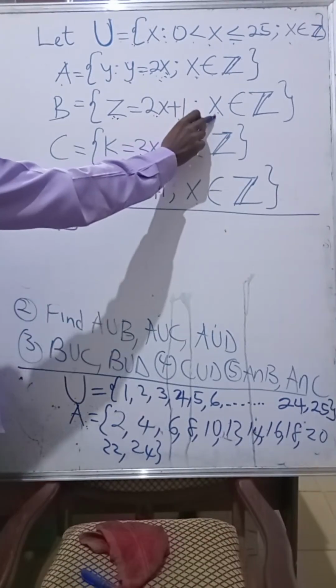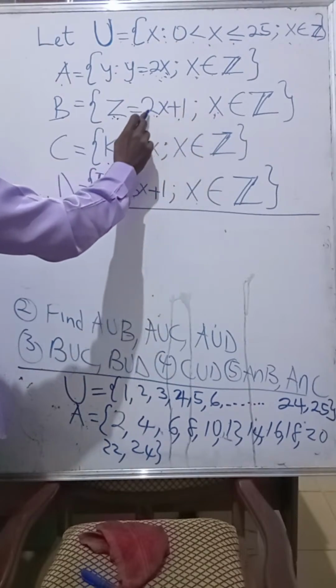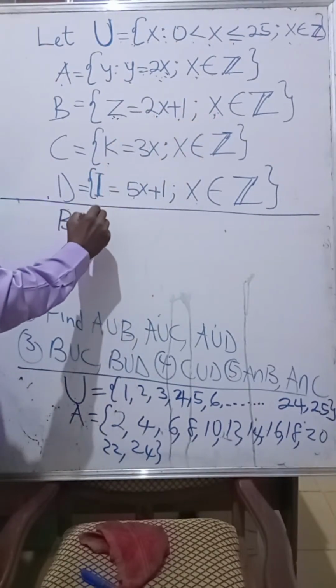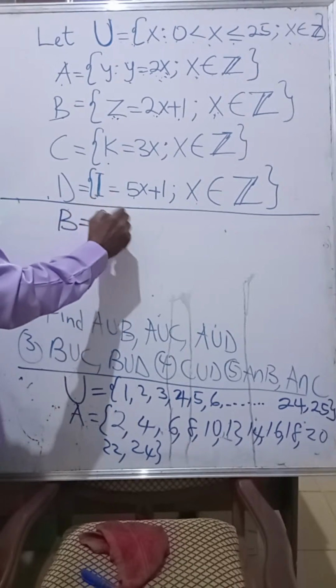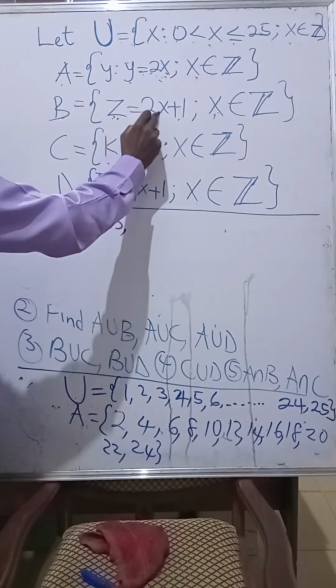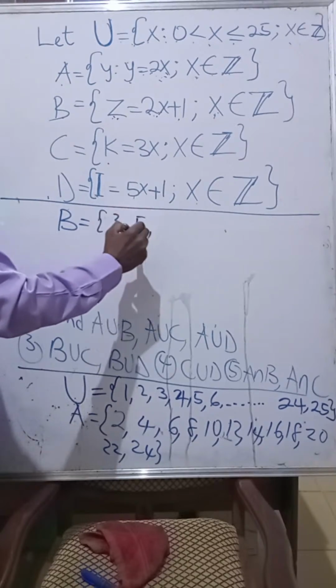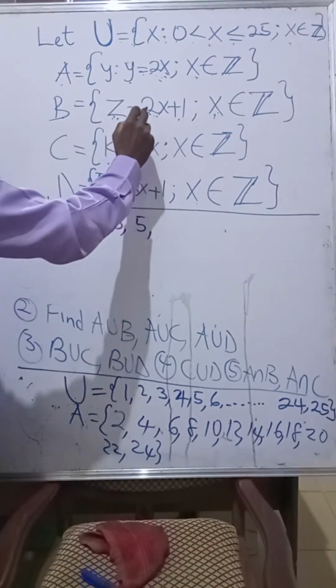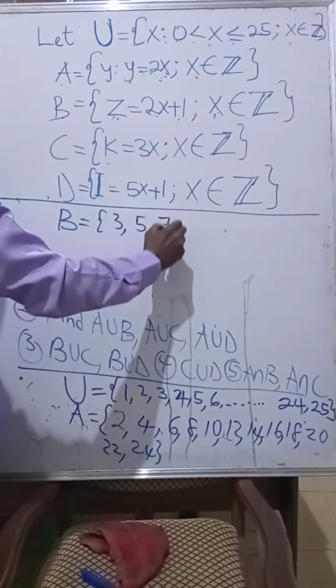Next, start from 1. So 2 times 1 plus 1 is 3. For 2, 2 times 2 plus 1 is 5. For 3, that's 7. So it goes on like that.